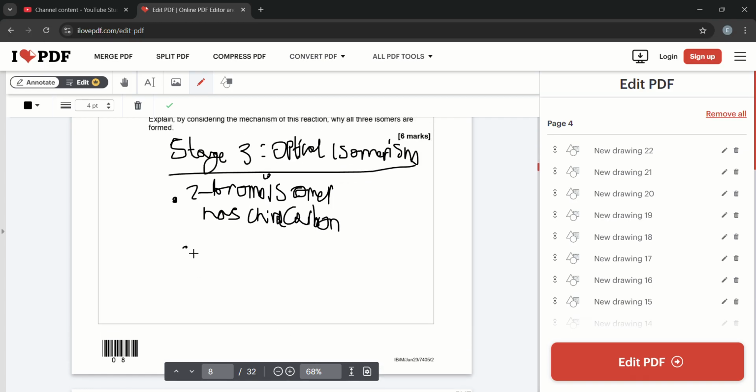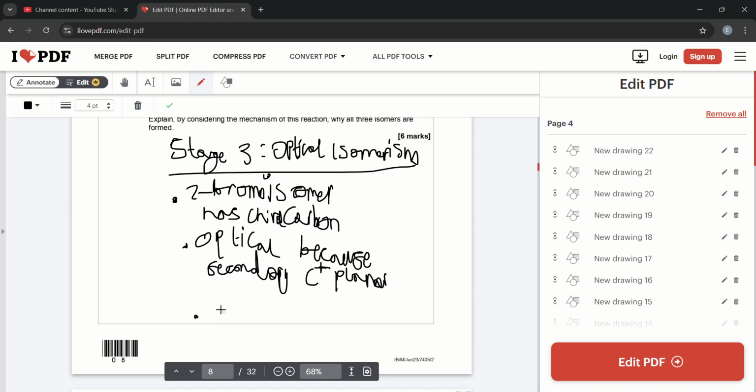And then the next point we want to talk about is optical, because the secondary carbocation is planar. Optical because the secondary C+ is planar, so it can be attacked from above or below.